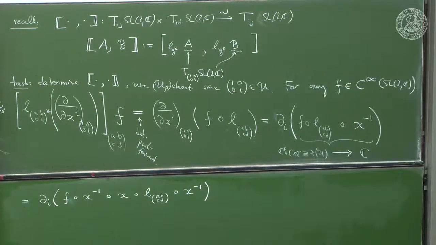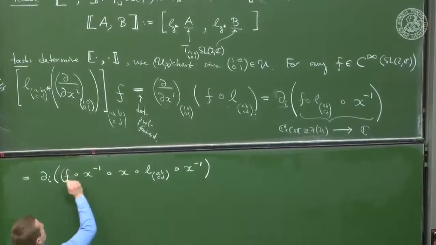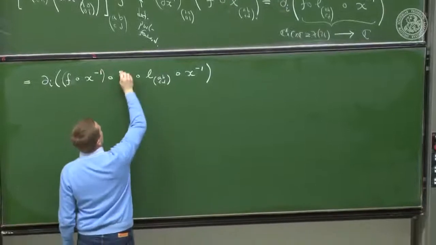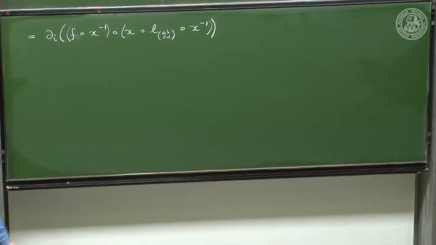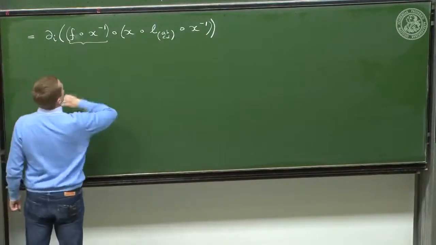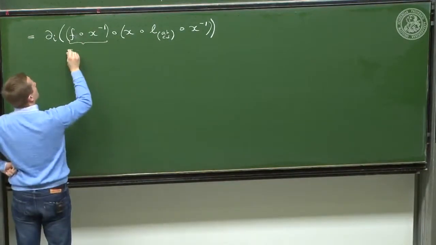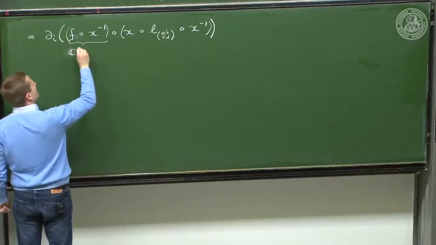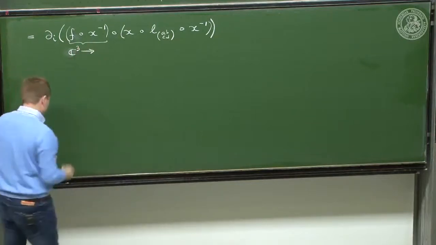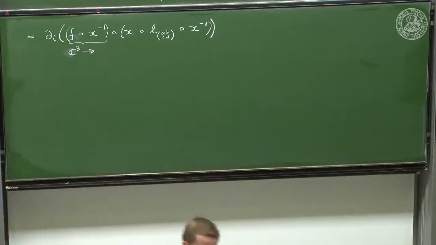Right. So, but now I can choose the associativity of the composition, and I find that this here is a function that goes from some part of C3. Well, let's not be so picky here. The only thing I want to check is whether we can do this by standard analysis rather than manifold theory.